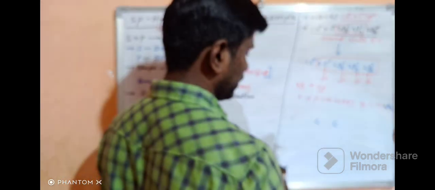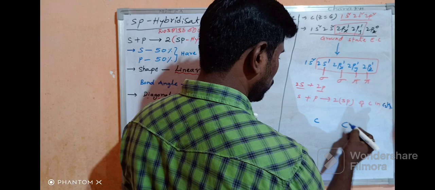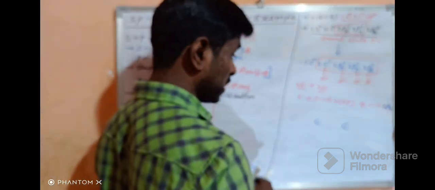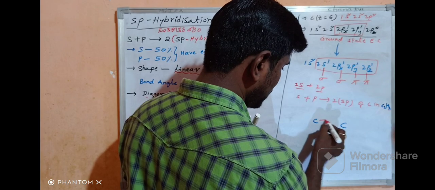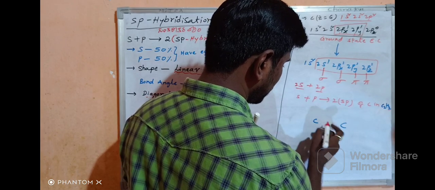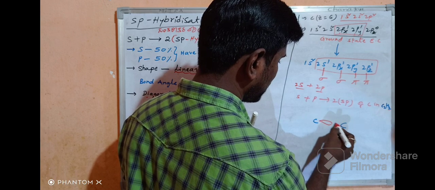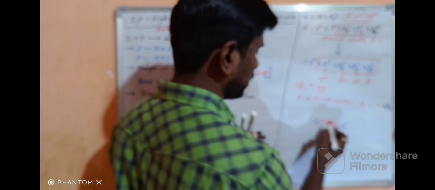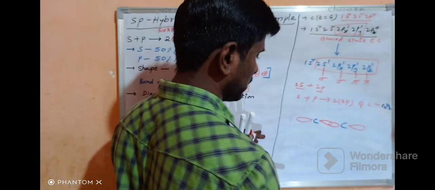Every carbon has two sp hybridized orbitals. This carbon has sp hybridized orbitals, and this carbon also has sp hybridized orbitals. These are the other sp hybridized orbitals from each carbon.